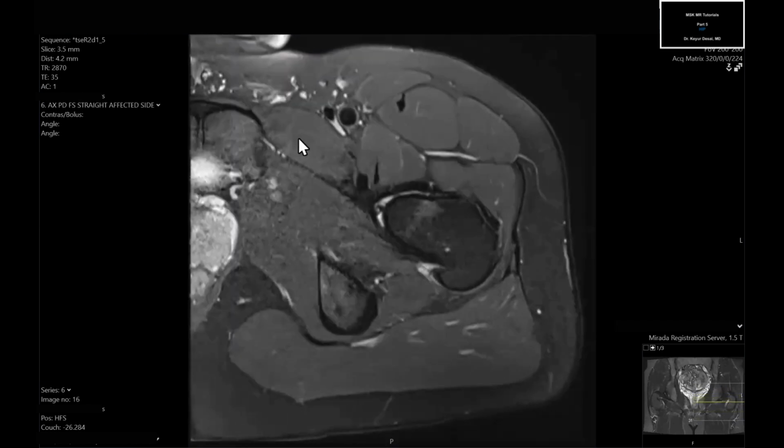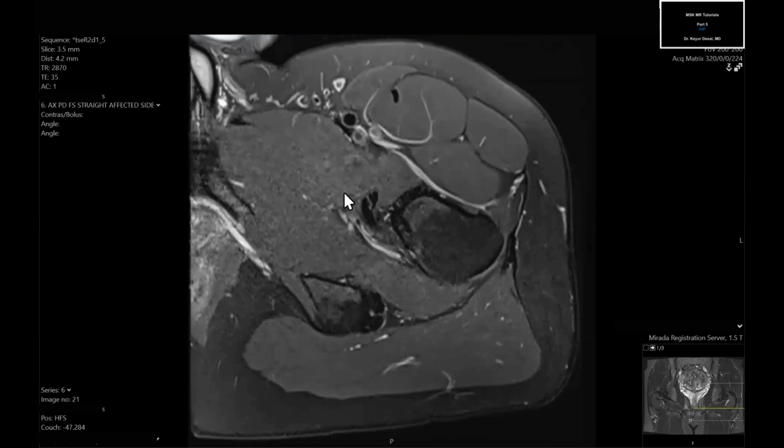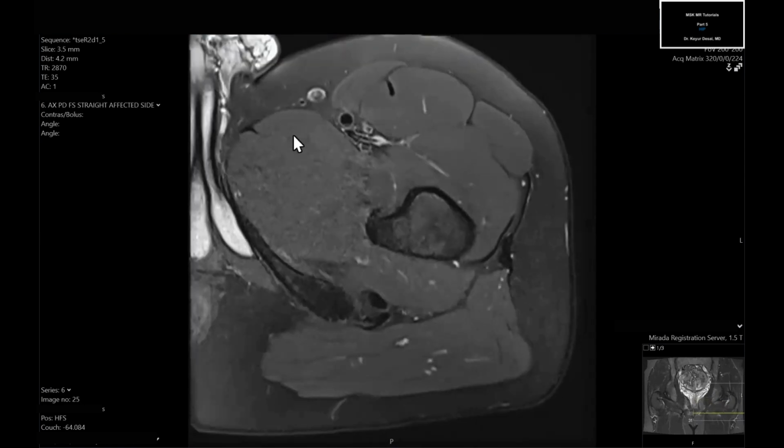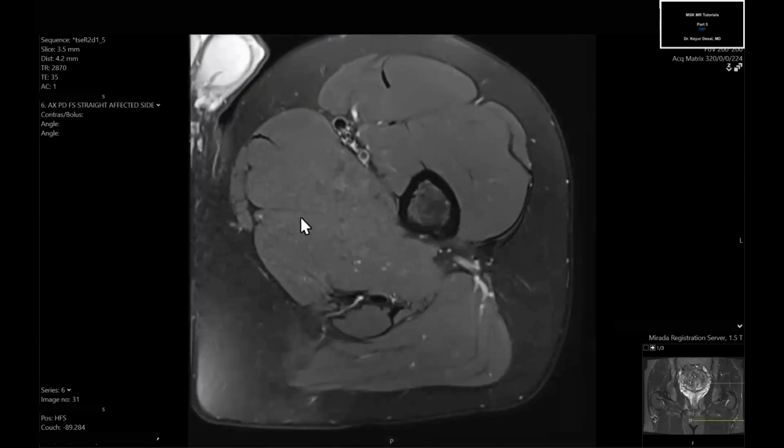As you go inferior to that, you're really going to have a conglomeration of your adductor brevis and longus. And as you go more inferior, adductor brevis and longus become less conspicuous, and you start to get into your adductor magnus. And you can even see a little bit of the gracilis muscle start here as well along the medial aspect of the proximal thigh.